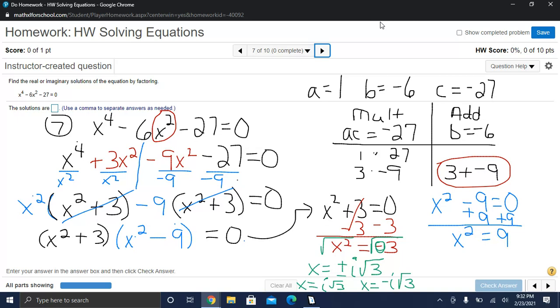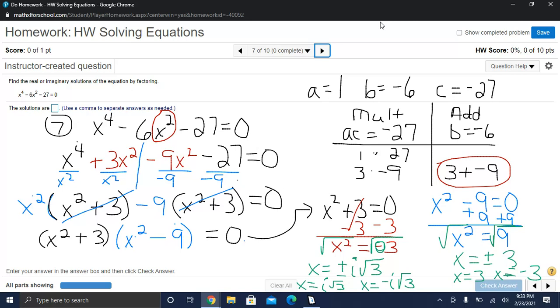Now, you still do the square root to both sides, and you will still get a plus or minus answer, but it's not negative, so you will not have an i. And the square root of 9 is actually a number, 3. So you'll get x equals 3 and x equals negative 3, or something like that for your problem.